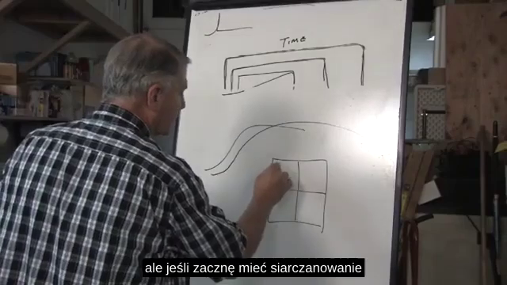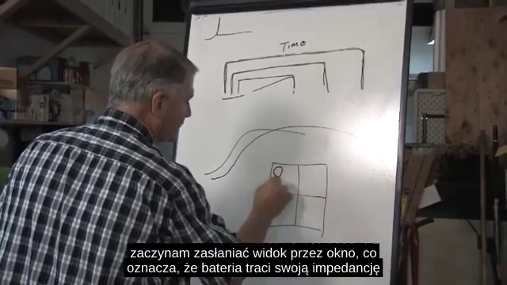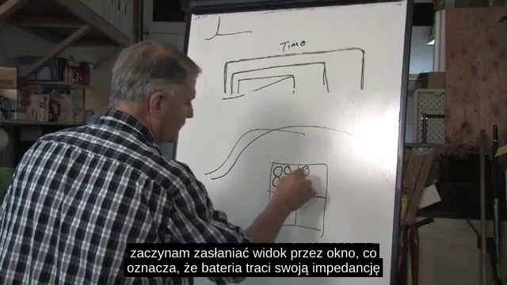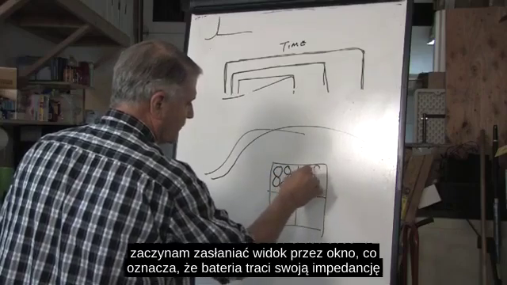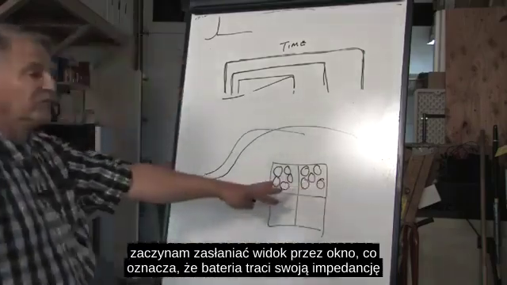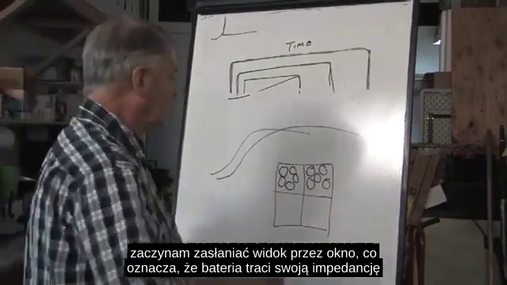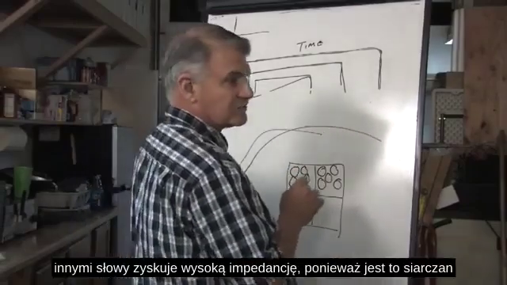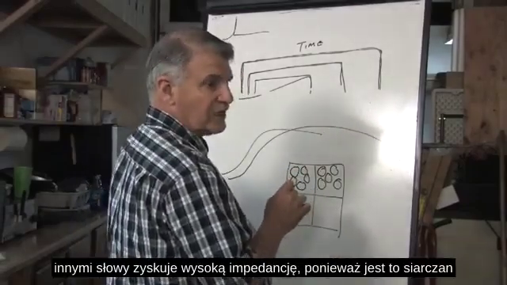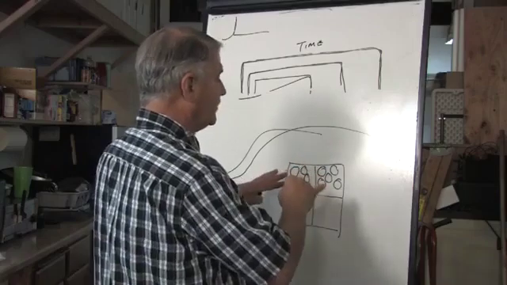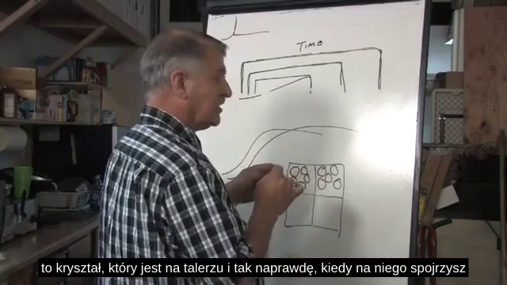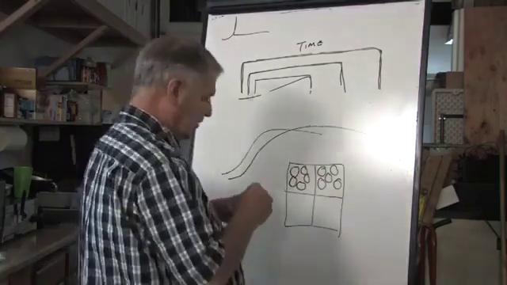But if I start getting sulfation, I start to block the view of the window. That means the battery is gaining a high impedance, because this is a sulfate. It's a crystal that's on the plates.